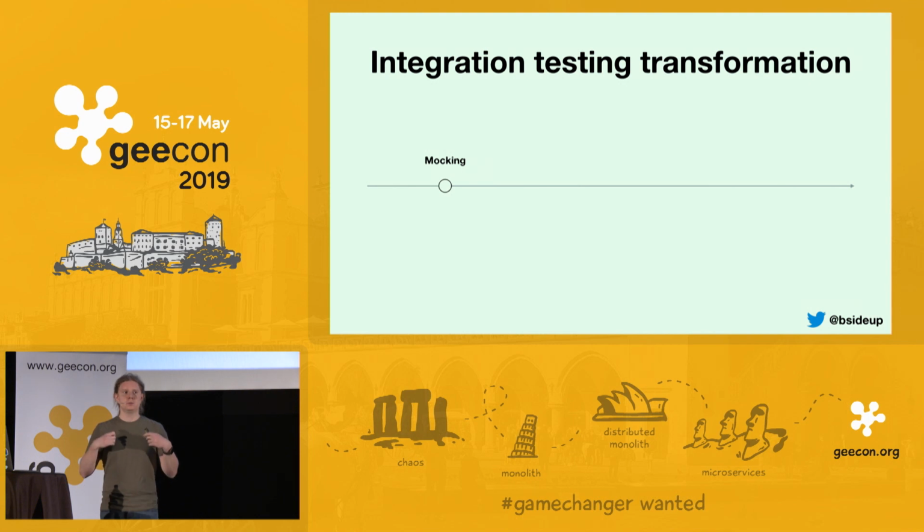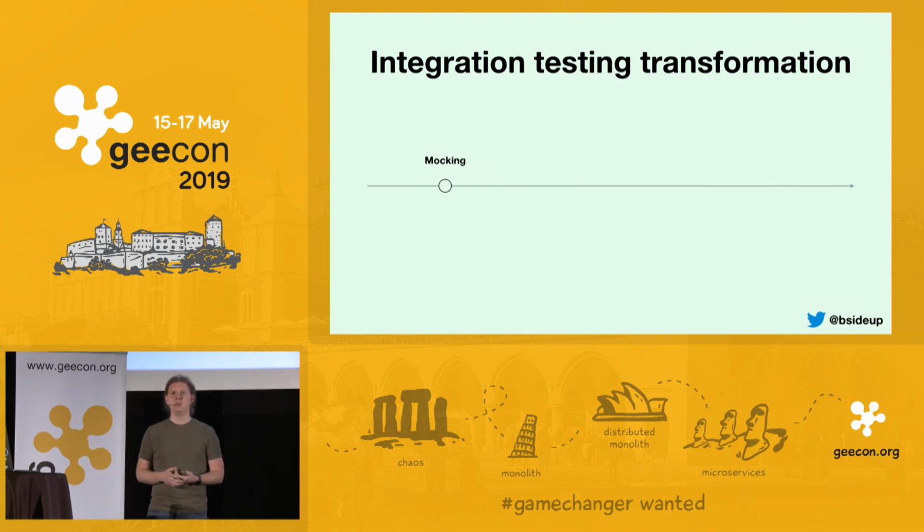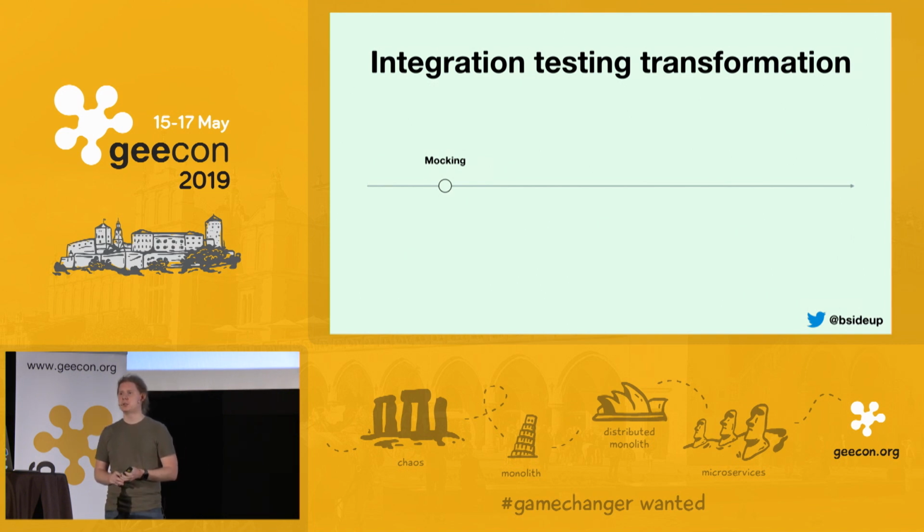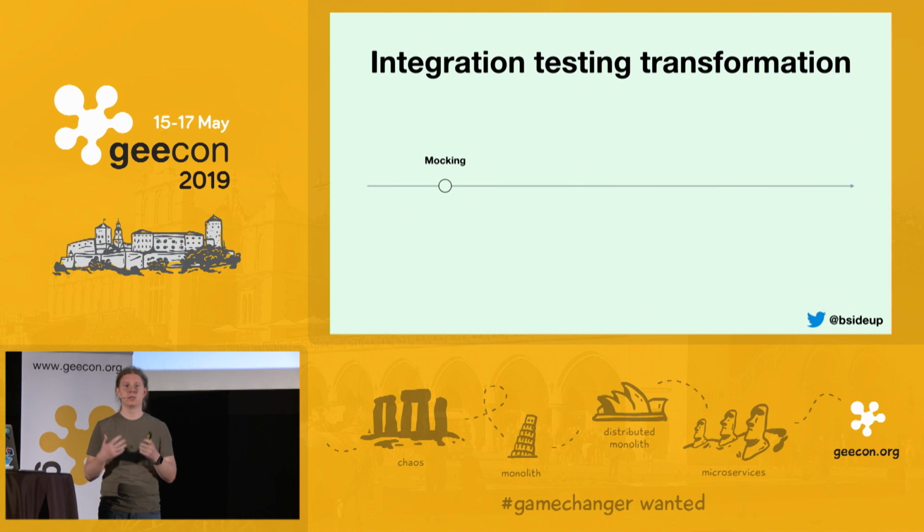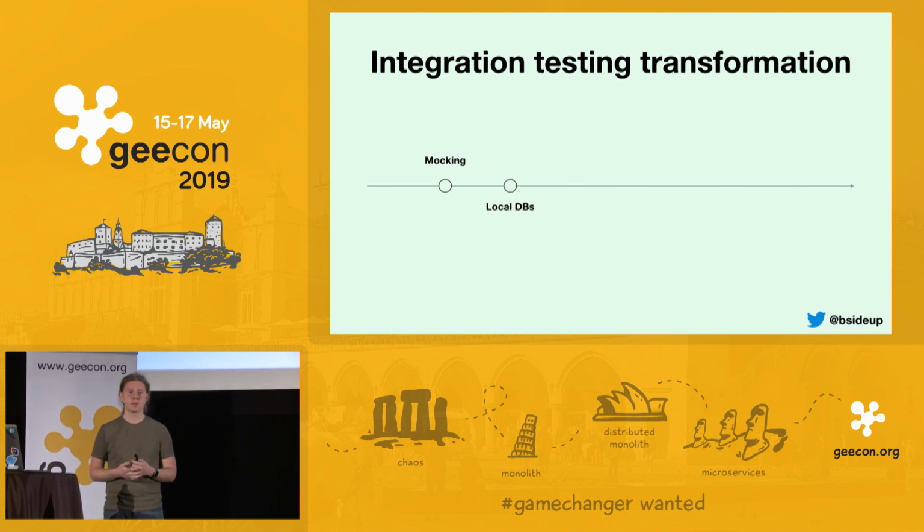When we started the integration testing as an idea, most of the integration testing scenarios were using mocks, and they were mocking some real environments and real databases, let's say, but it didn't work really well. So we continued with some local DBs.